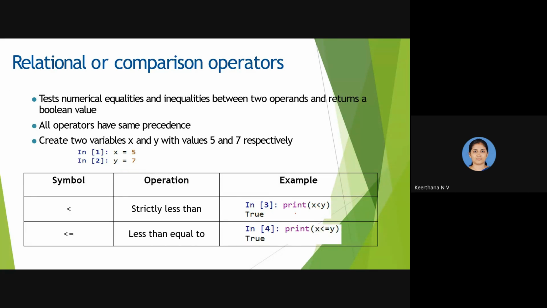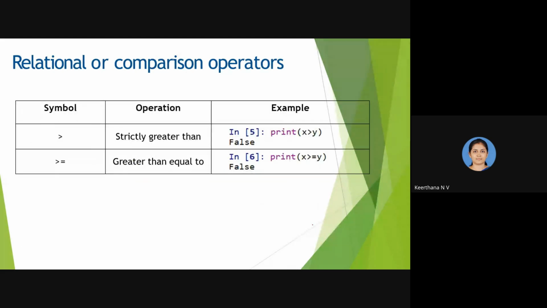The second one is less than or equal to. It checks whether the value is less than and also equal to, so both conditions are checked. Less than or equal to means if any of these conditions is valid, it will print. The next is greater than. It checks whether it is greater than or not.